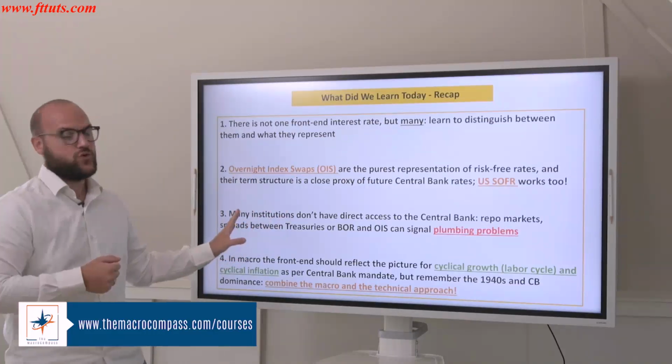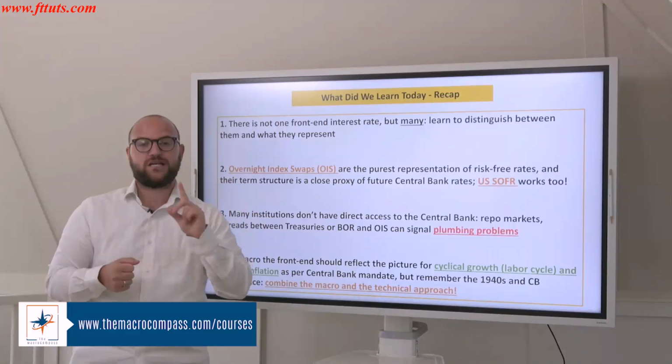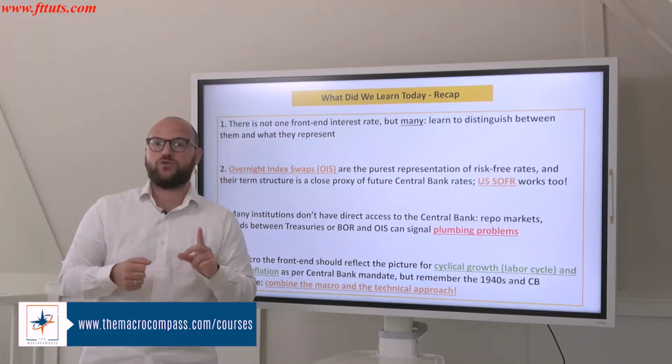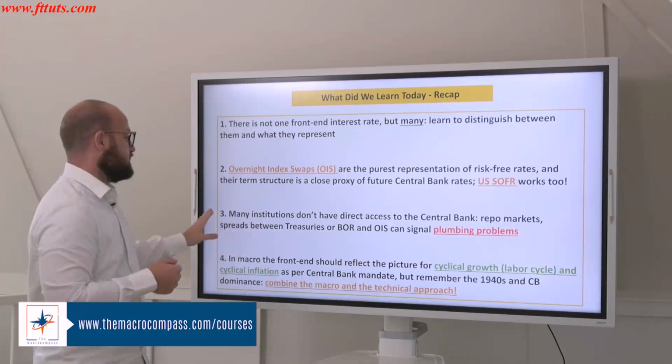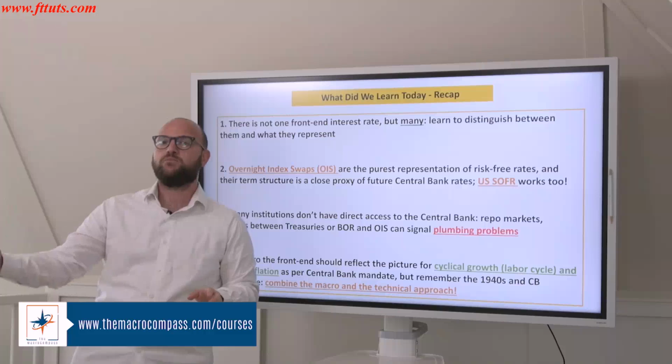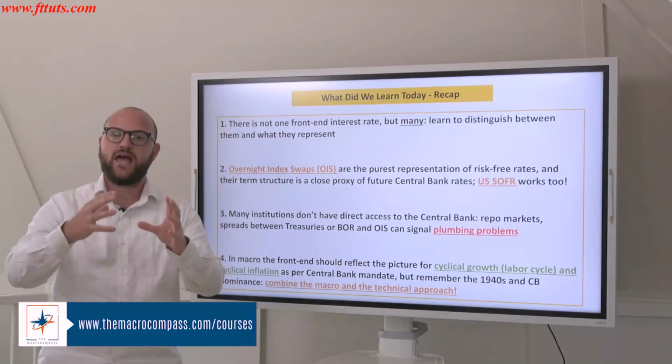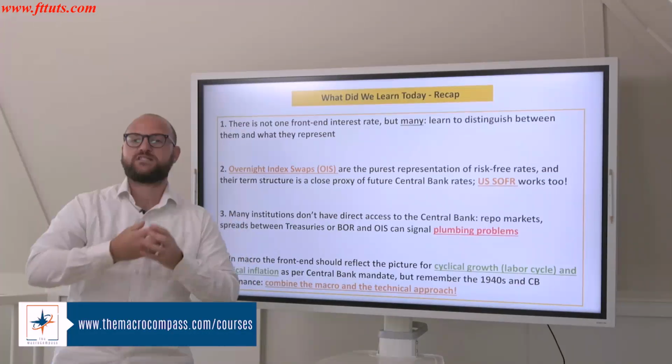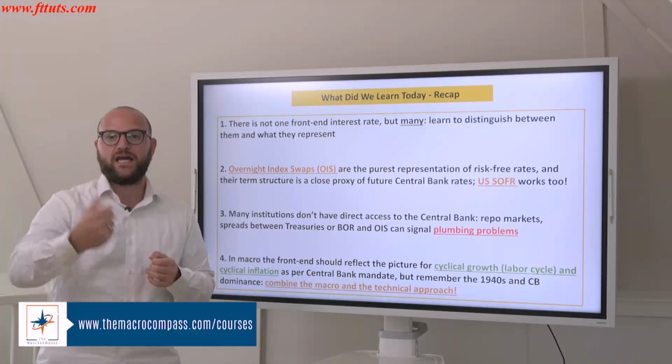Many institutions do not have access to the central bank, and that is very important to remember, because they have to use the repo market, the treasury market, the German bond market, to try and have a close form of a risk-free deposit, a risk-free way to deploy their cash.